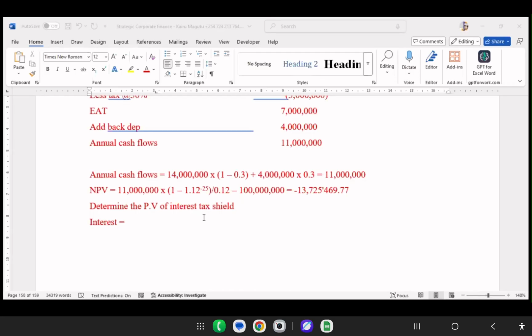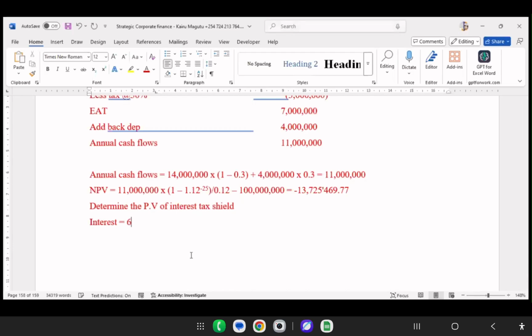The government has also allowed the company to repay the principal in a single payment at the end of the loan duration. So the government will give a loan of 50 million, but the interest rate is 6%. So we are determining the present value of interest tax shield.